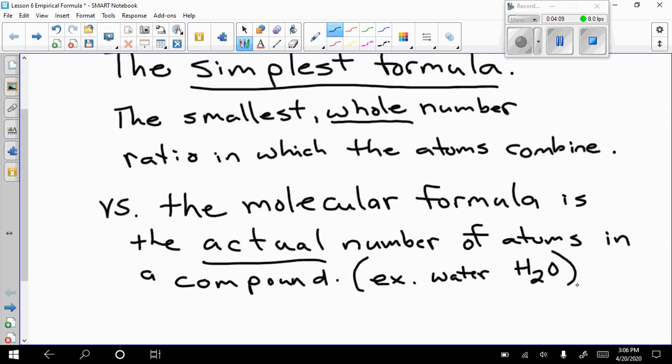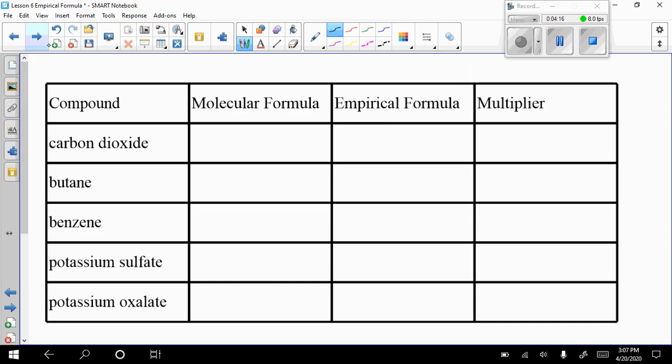In today's lesson, we're going to talk about this idea of the empirical formula. Okay, I've created a little table here on this next page to help you understand what this empirical formula is. Let's start off with an easy one. Let's say we have carbon dioxide. You guys know that you would write its molecular formula as CO2, a carbon and 2 oxygens. Now, the empirical formula of a compound is the simplest whole number ratio.